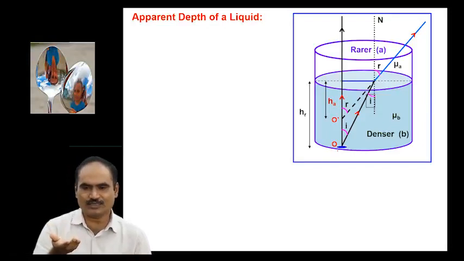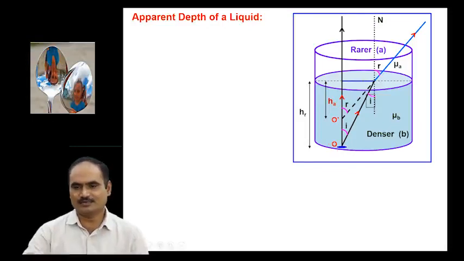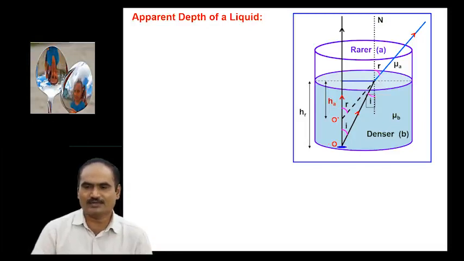Why does it appear to be raised up? Let us see. Sometimes in a lake you see that the bottom appears to be raised, but the real depth is very much more.